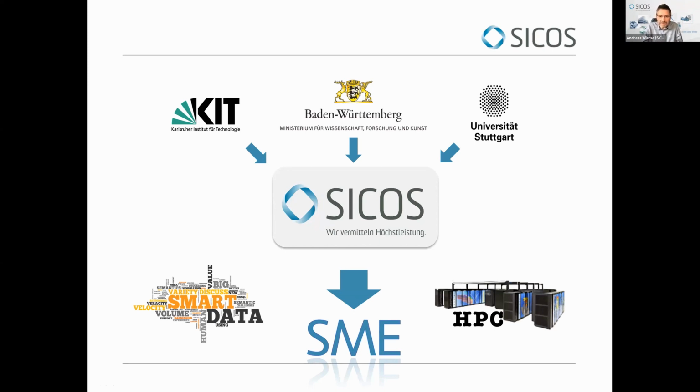And we do this in two parts. There's one part, which is HPC, high performance computing, which is more related towards Stuttgart, which we are not talking about today, although there are relations, of course. But we'll focus here on the data analytics side, smart data, big data, going forward to AI.